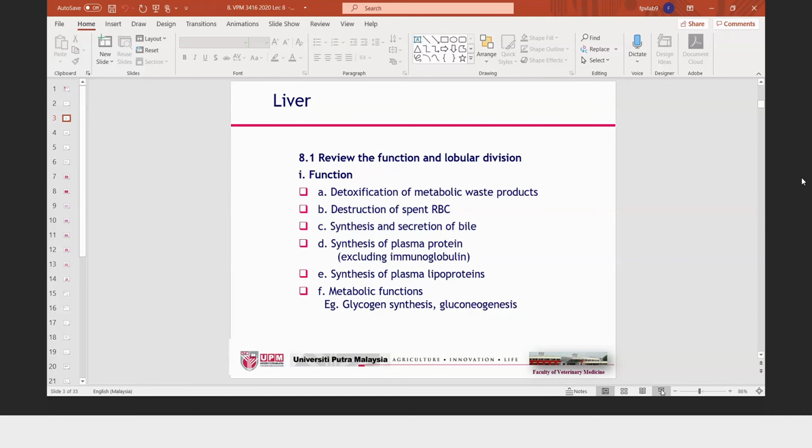The liver also plays a very important role in metabolic function, particularly glycogen synthesis as well as gluconeogenesis. It is reversed when the animal is in starvation, leading to utilization of fat in the body in the process of gluconeogenesis to provide energy to the animal. So these are the 6 common functions of the liver.